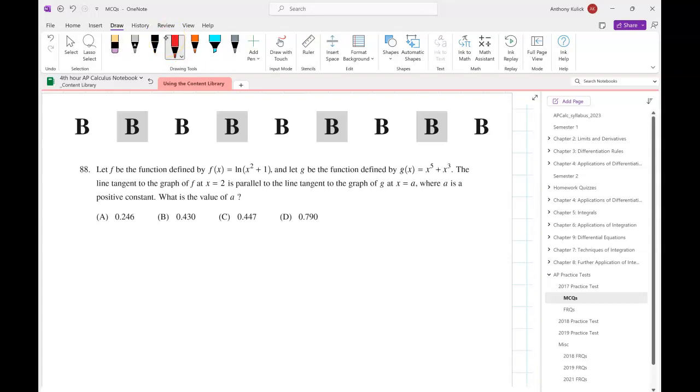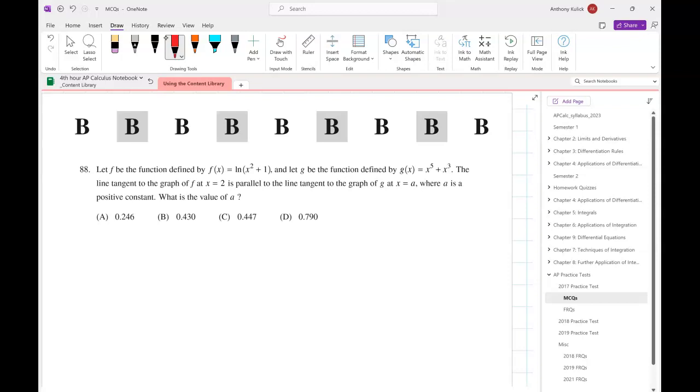Okay, 88. This, although a surprisingly large number of you guys got it correct, was the most guessed question also. So let's go through how to do this. It says, let f be the function defined by f of x equals yada, yada, yada. Let g be the function defined by g of x equals yada, yada, yada. The line tangent to the graph of f at x equals 2 is parallel to the line tangent to the graph of g at x equals a, where a is a positive constant.